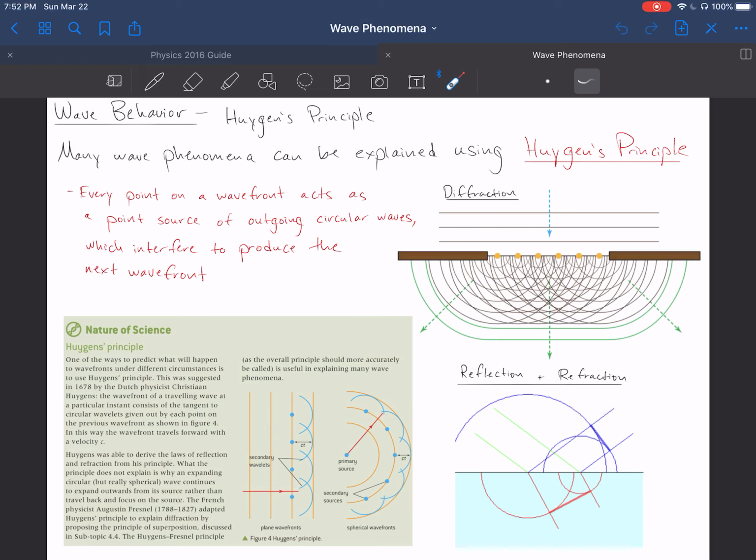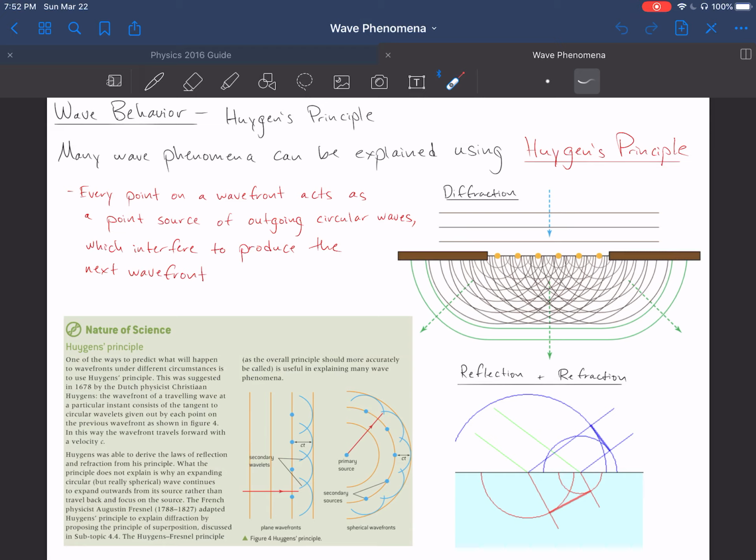The idea was that each point along this wavefront produced circular waves, and where those waves overlap, you get destructive interference, but they all align at exactly one point, which is right along the next wavefront. And so we took what seemed to be a pretty straightforward phenomenon, these plane waves traveling forwards, and made it more complicated.